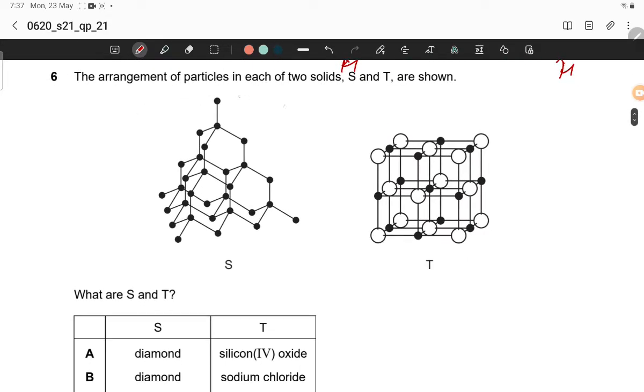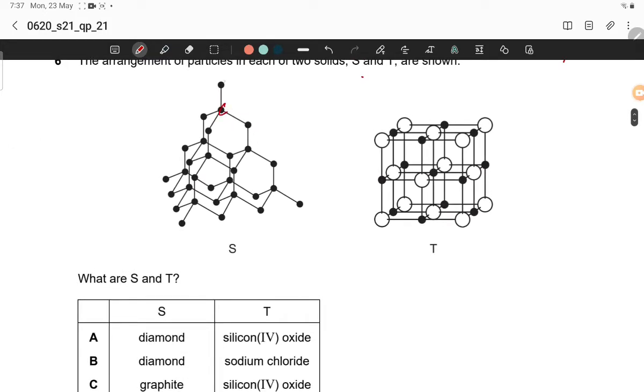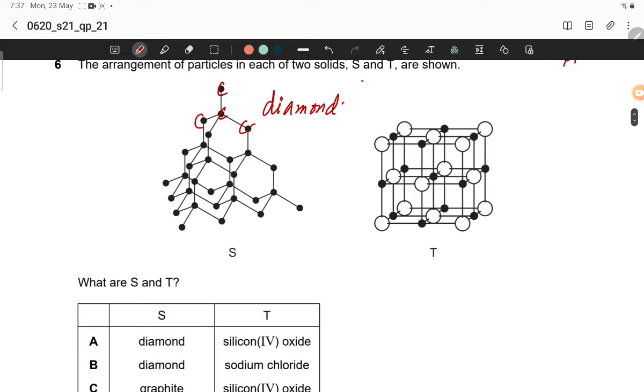The arrangement of particles in each of two solids S and T are shown. This is a carbon-carbon tetrahedral structure, and this is the structure of diamond. And this is the structure of sodium chloride.